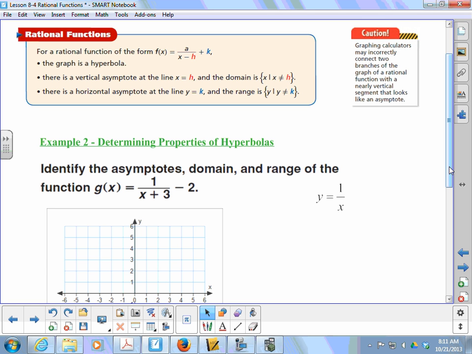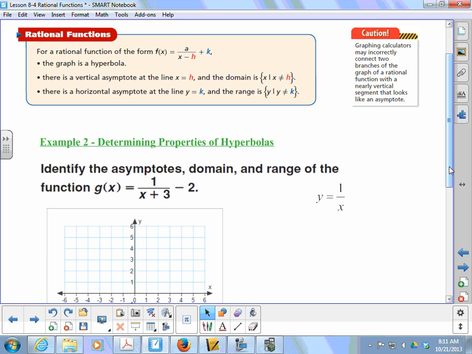This little part right here is on the top of that sheet. For a rational function of the form f of x equals a over x minus h plus k, the graph is what's called a hyperbola. There's a vertical asymptote at the line x equals h. And this is the part I forgot. The domain is x cannot equal h.